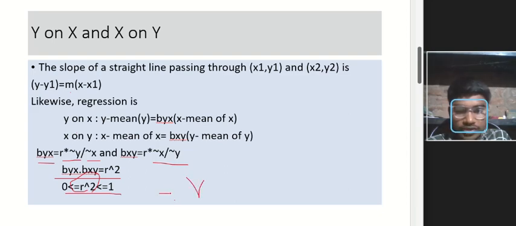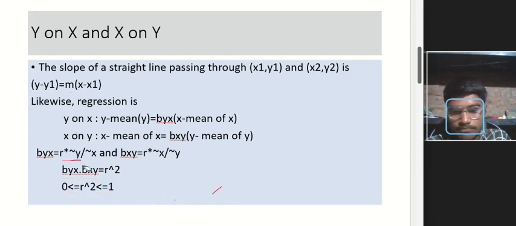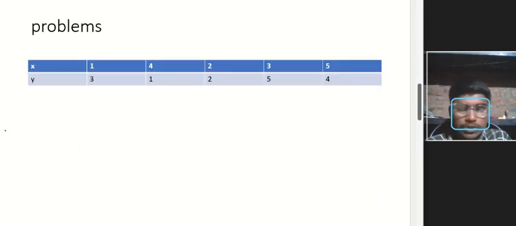Since the square of r lies between 0 and 1, we can easily say that the r value will be between -1 and +1. So this r value should not exceed -1 and 1. Okay, students.